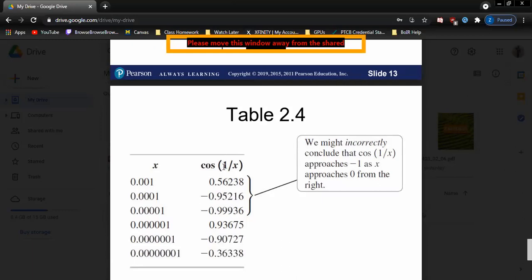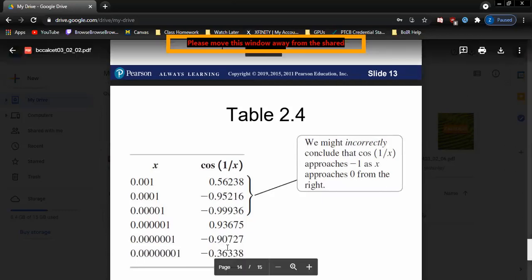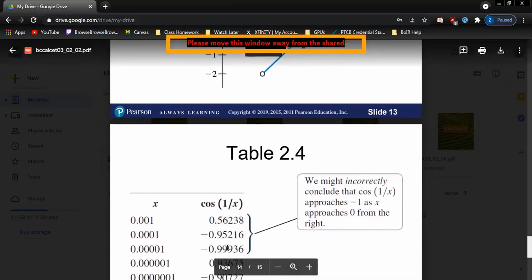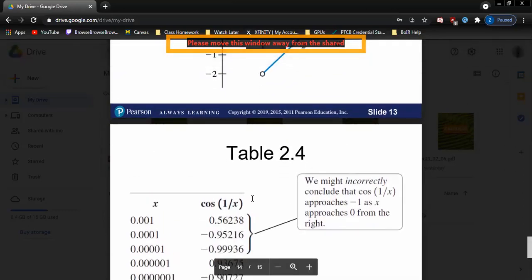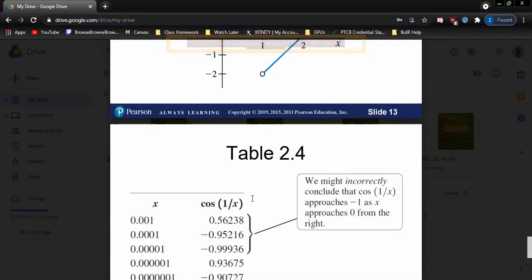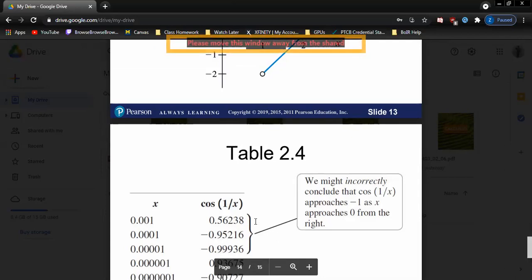For example, if we just try the first three, let's forget about the other three. If we just try the first three in the braces, it looks like it's going towards -1, doesn't it? Because you can see it's -0.95, then it's -0.99. So it's slowly getting to -1, right?